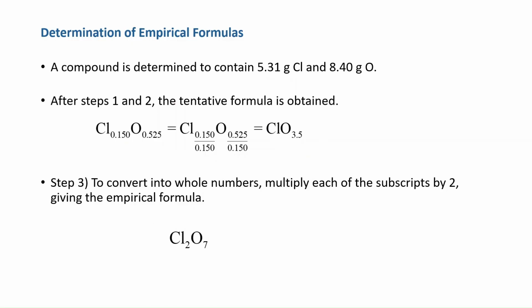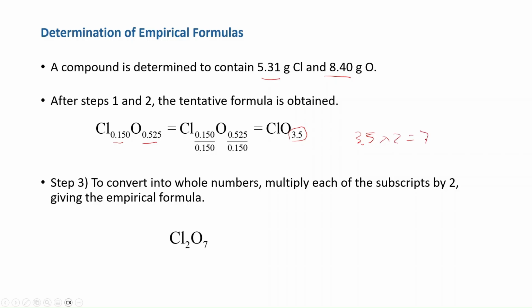This particular example, they give you grams. The same thing, they already did steps 1 and 2. So you have moles, but this time, we come up with 3.5. We want whole numbers. Oh, that's easy, because if you multiply times 2, then you get a whole number. 3.5, if I multiply times 3, times 4, always the smallest number, that's going to be 7.